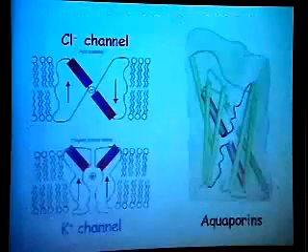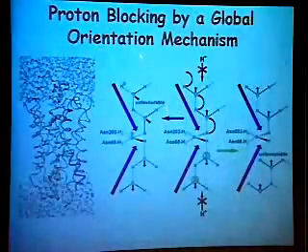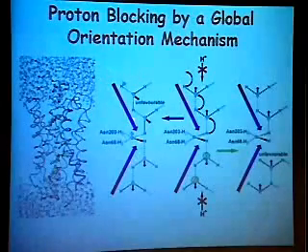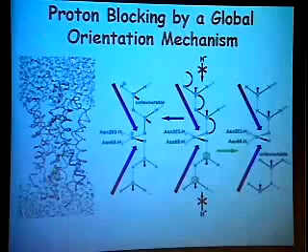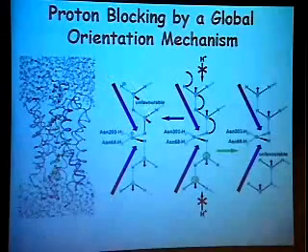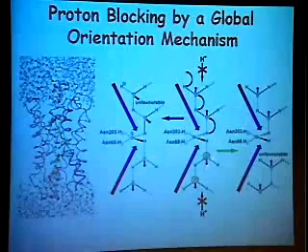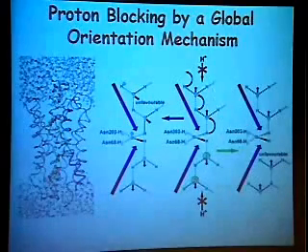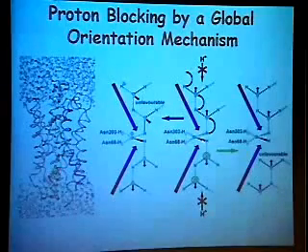Let me come back to this. The protein, with its finely tuned arrangement of groups, helices, and these two asparagine residues, dictates this bipolar configuration of water, as is shown here. The central water is basically arrested by these two asparagines.